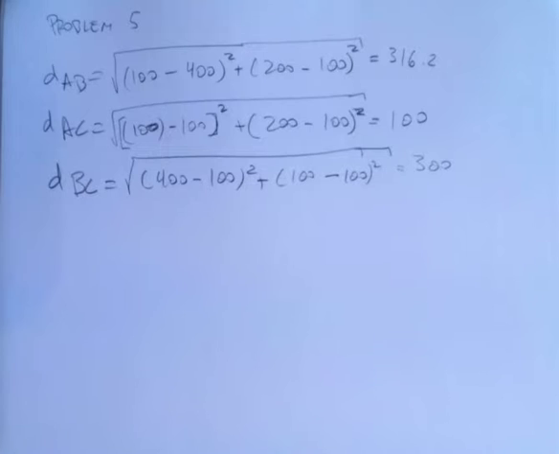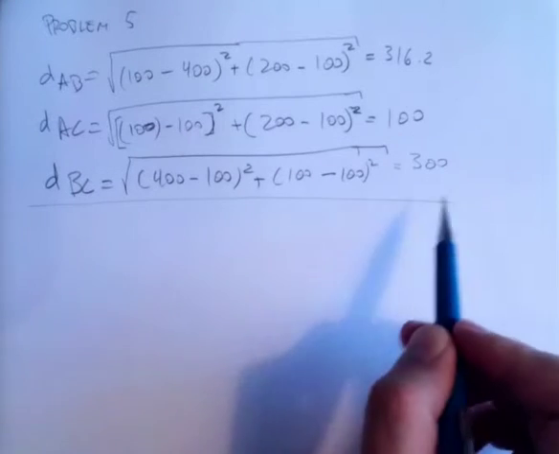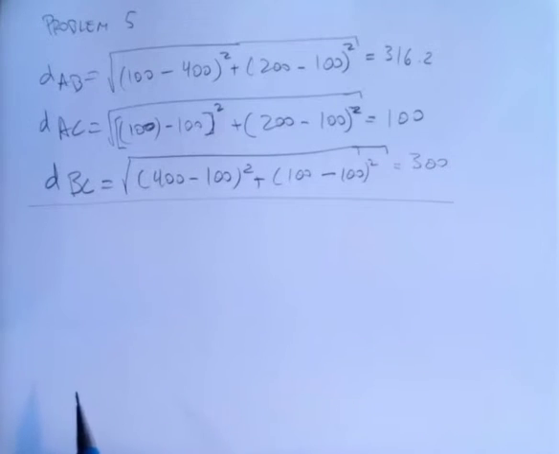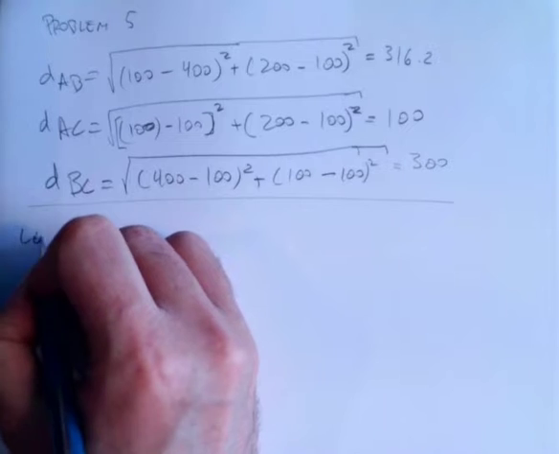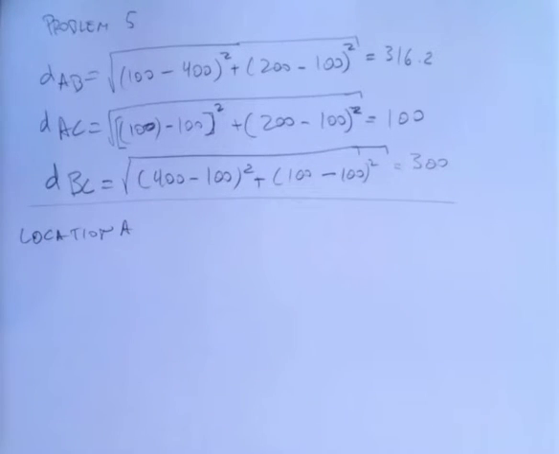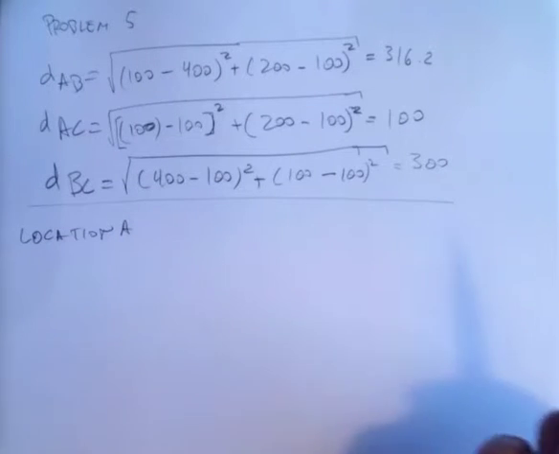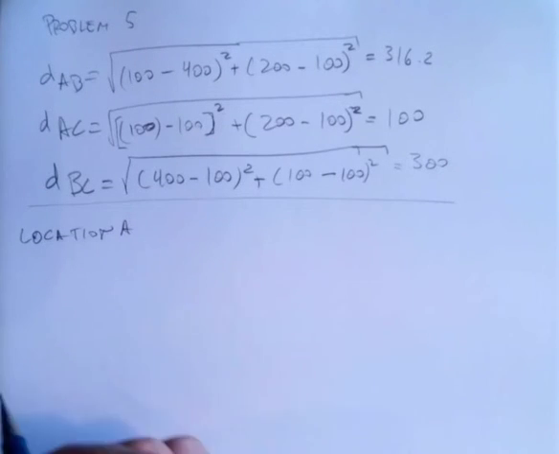Now I need to do the load distances. And the load distance is based on a location. Okay. So for example, if I use the location A, what is going to be the distance from location A to deliver at location A? Well, that's going to be 0, right?